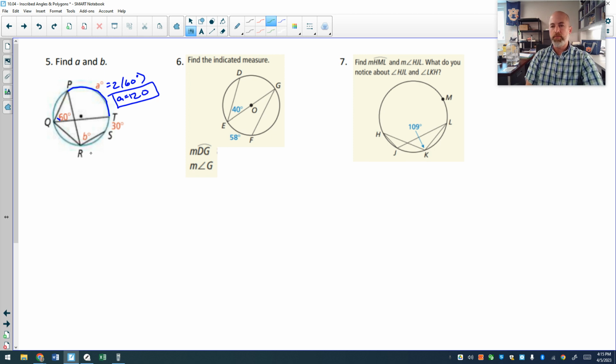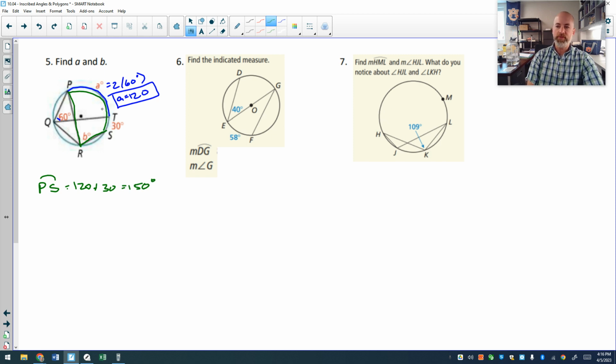B is different. Okay, so notice B is opening up to this arc that goes all the way from P through T to S. And so my arc from P to T to S, that looks like a minor arc, and it is. So arc PS is going to be 120 plus 30, which is 150.